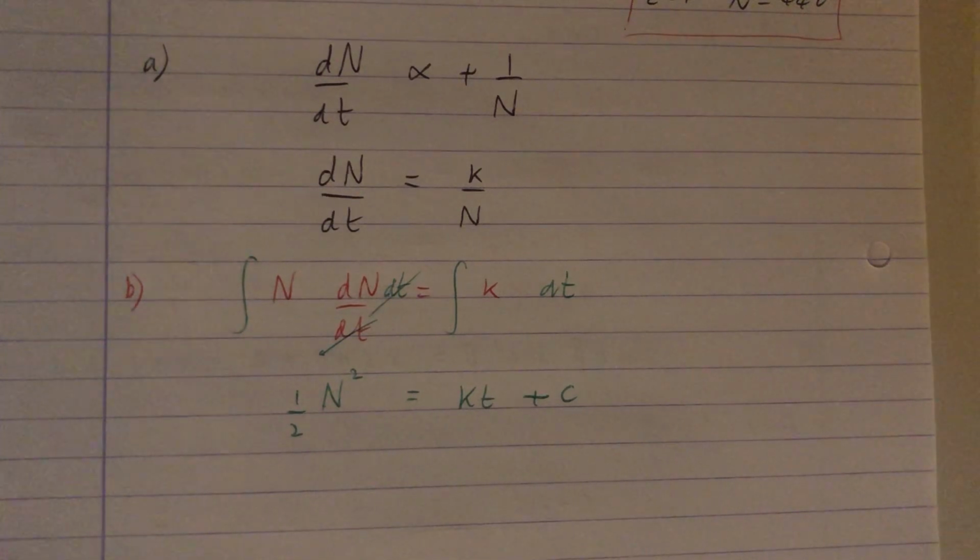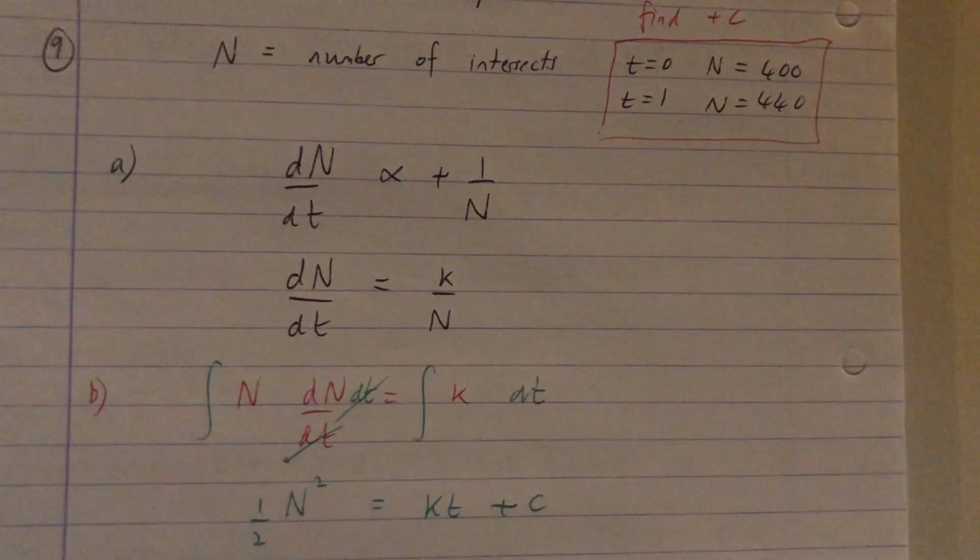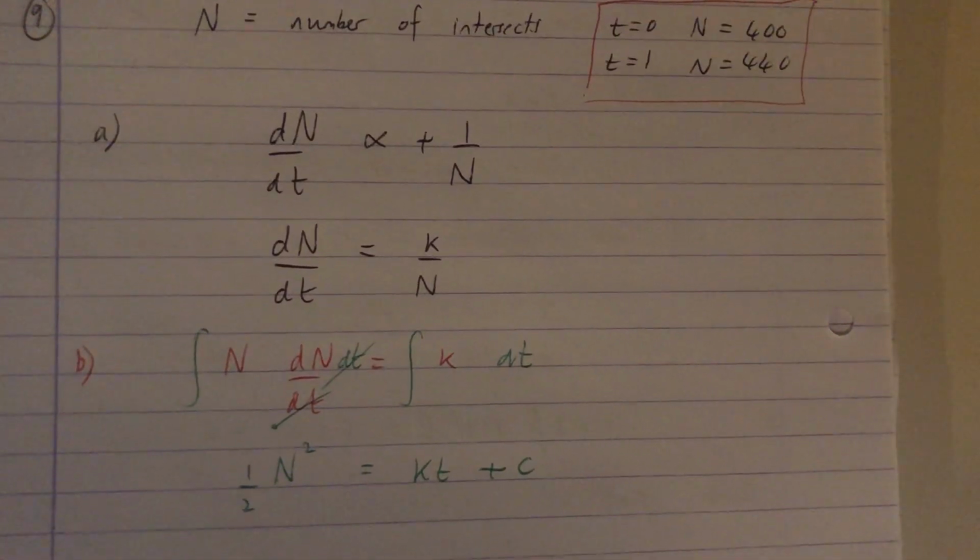Now this is called the general solution, because every single differential equation has infinite amount of solutions, and the plus c gives you the general solution. But we want to find the particular solution, and that is the very specific plus c that works for these initial conditions, the ones I mentioned right at the start.